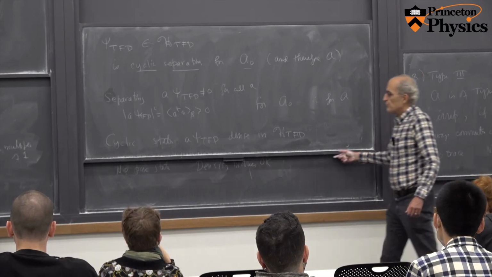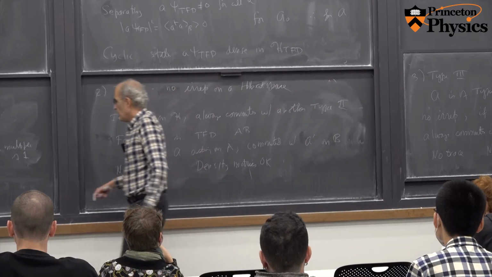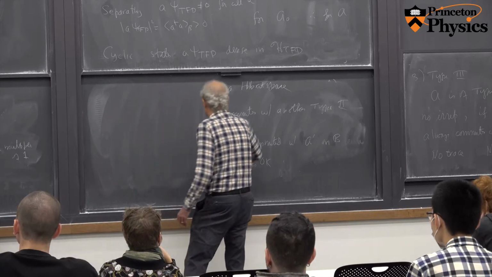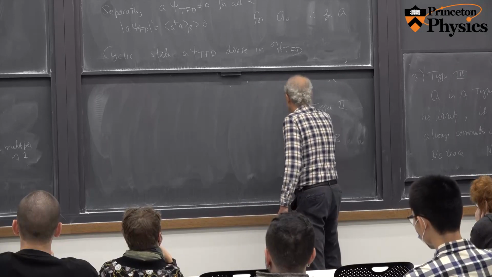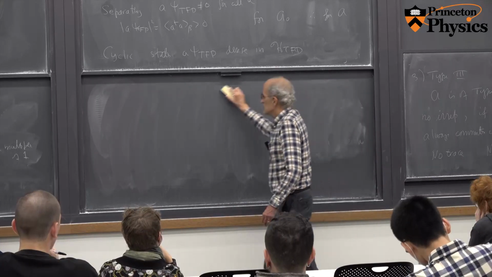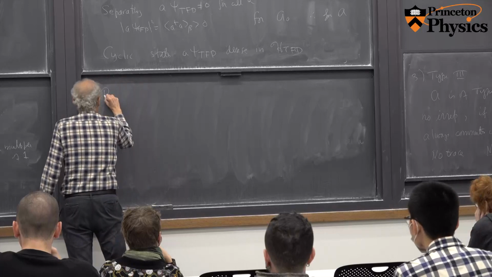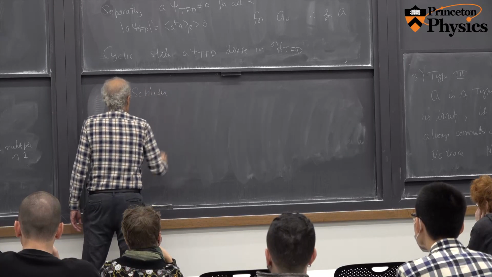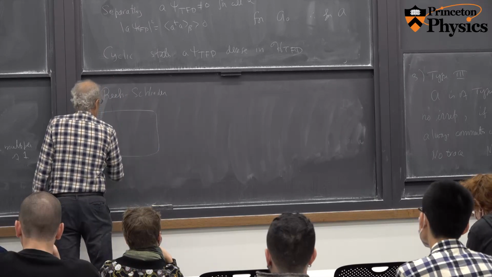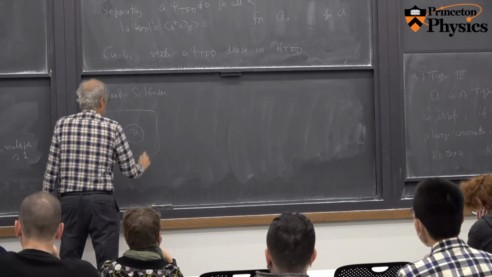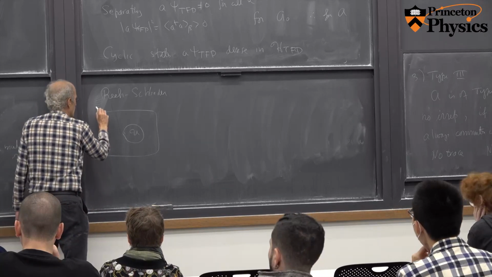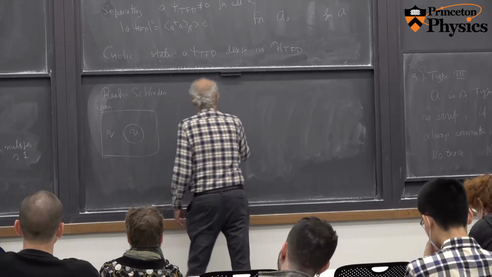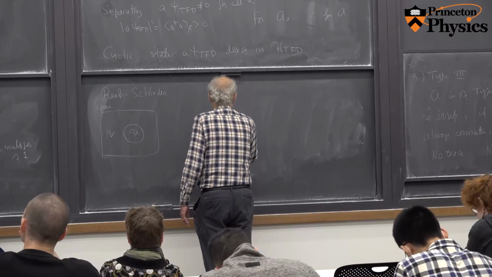I hope that reminds you of what we proved during one of the Zoom lectures, which was the Reeh-Schlieder theorem. The Reeh-Schlieder theorem says that if we divide space into, well, I'm dividing space, not space-time, into two regions, U and V, the space-time picture would look more like this.